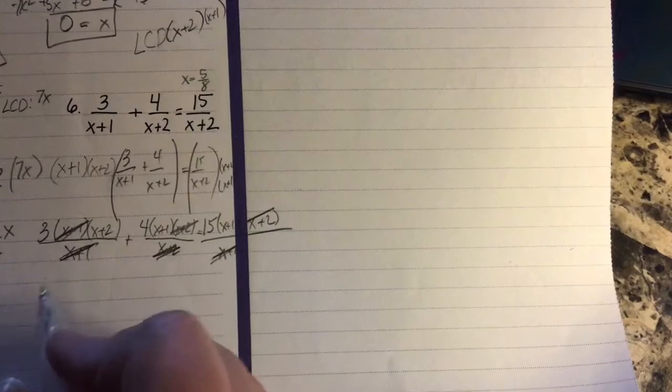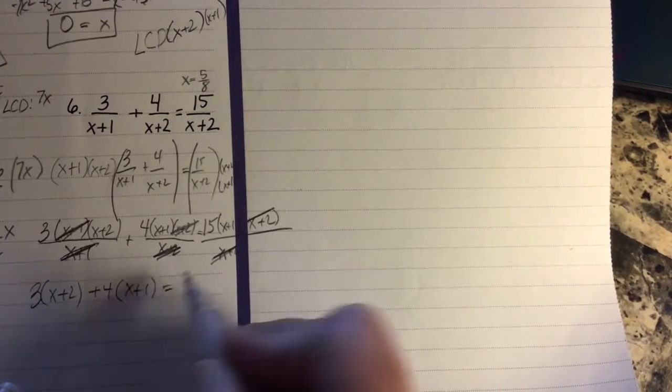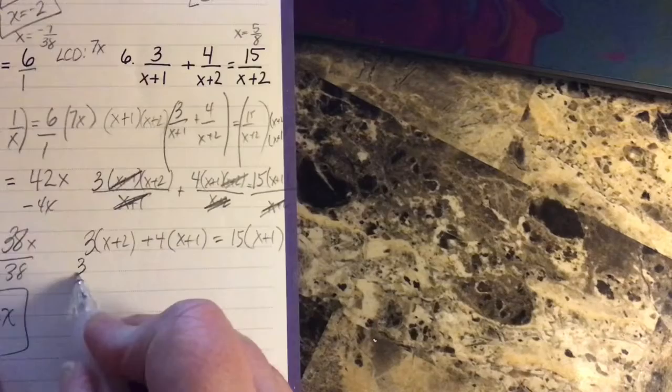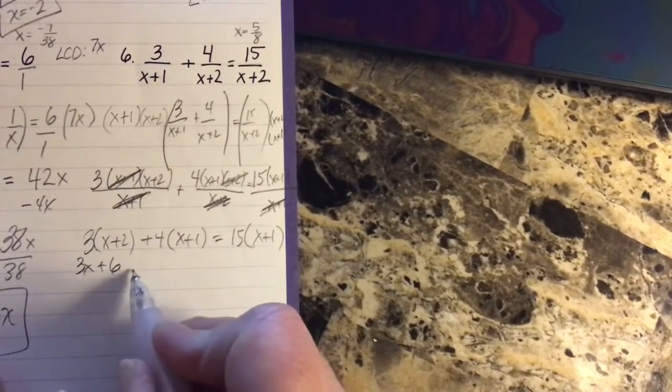So I'm left with 3 times the quantity x plus 2 plus 4 times the quantity x plus 1 equals 15 times the quantity x plus 1. And now we're left with something familiar that you know how to solve. So we'll distribute those numbers to each of those terms.